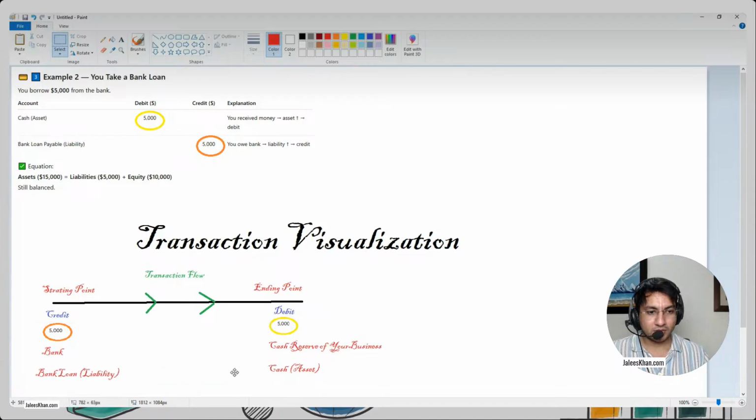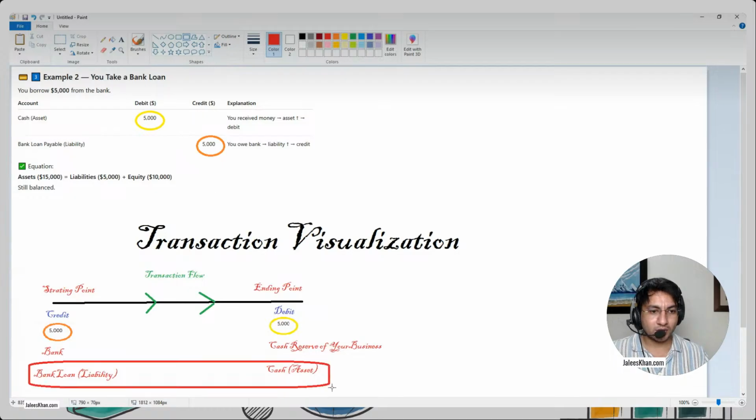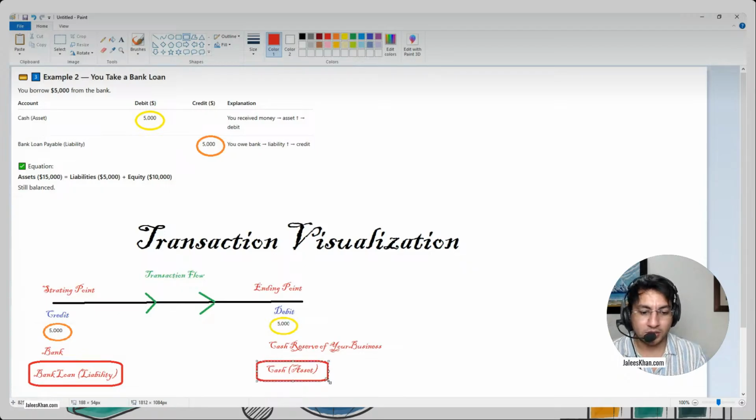Okay, so that's how two transactions are being recorded under this one. There's one and there's one. That's why it is coming like this. So hopefully you get the point of what is happening in the transactions.